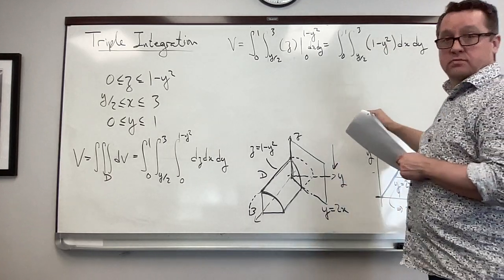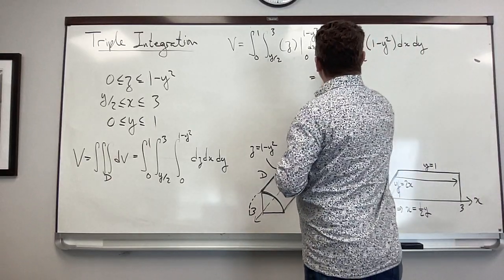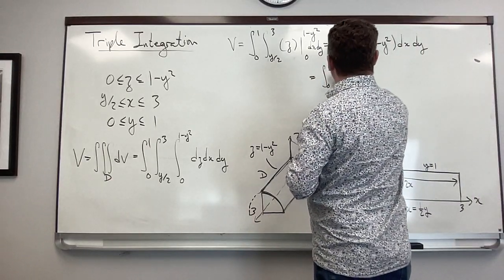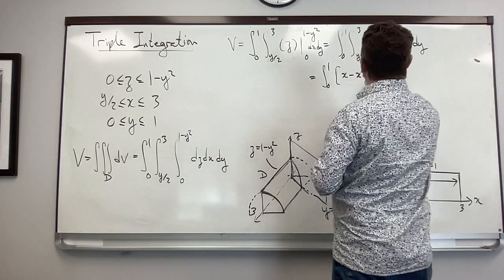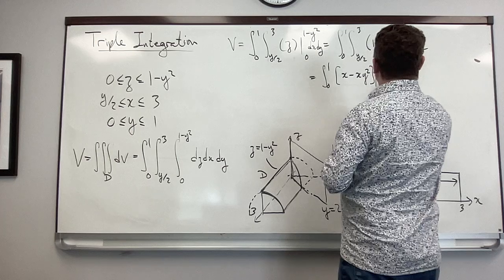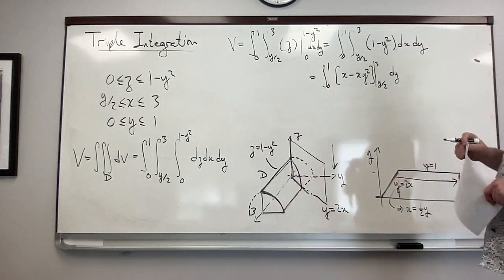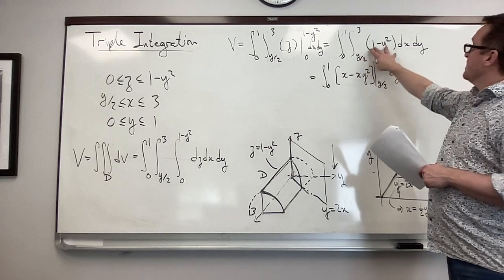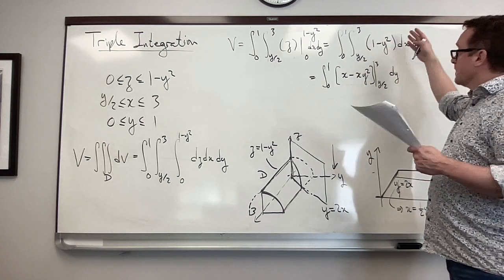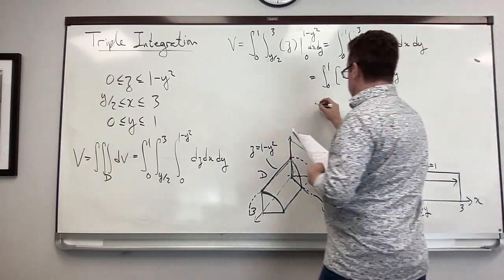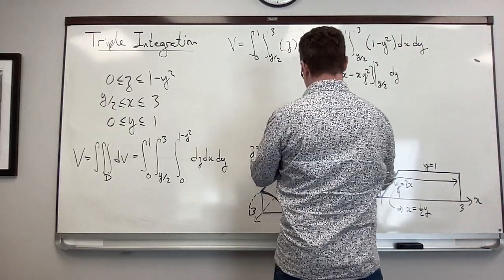That's true, so this next integral is easy. It's really just x times 1 minus y squared, evaluated from y over 2 to 3, then dy.